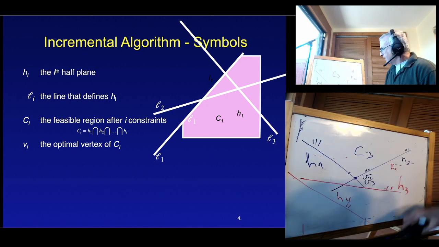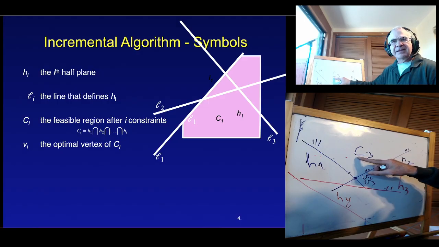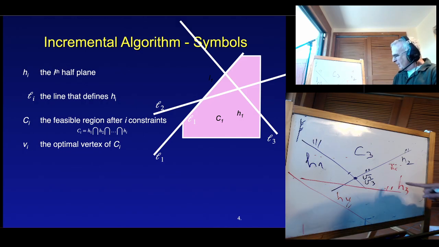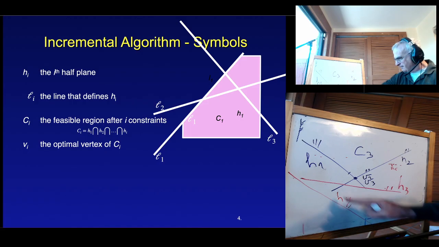And a warning: I will speak about the feasible region at the ith step, but I never bother computing all the vertices of this intersection. I can speak about it as a concept, but the algorithm does not compute this intersection. Okay, what will be V4? Sorry, this is H4.